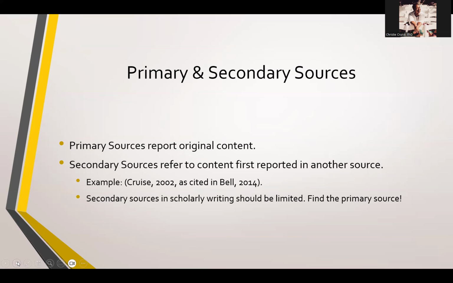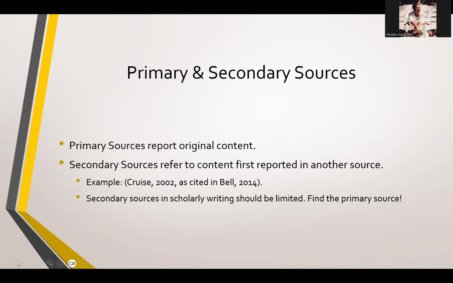There are two types of sources. There are primary sources and there are secondary sources. Primary sources report original content, meaning that this is content that you found, that you read, and you are citing it. Secondary sources refer to content that was first reported in another source.